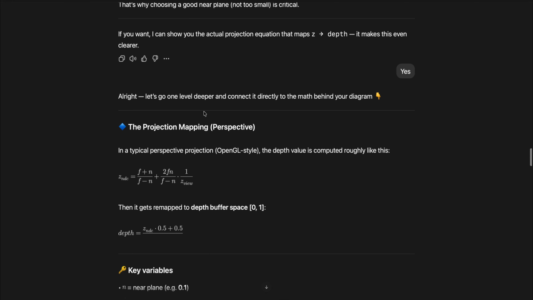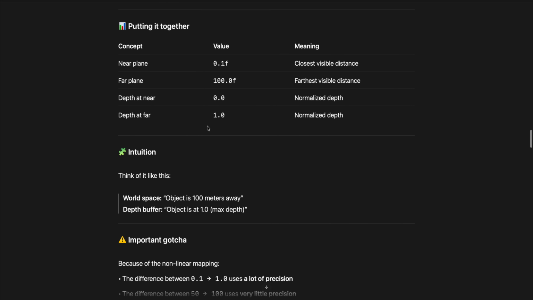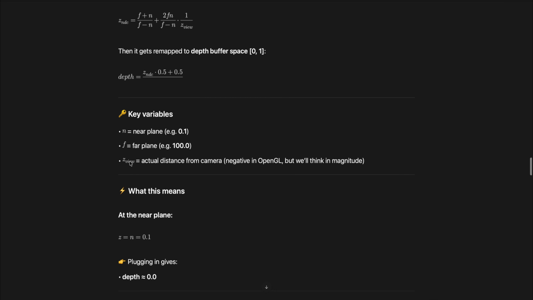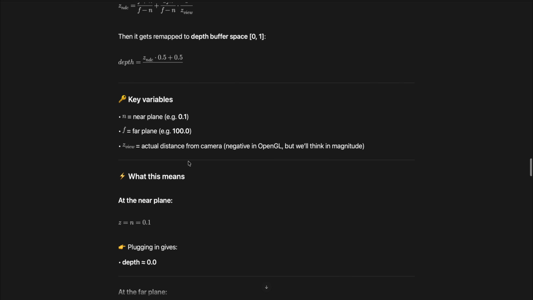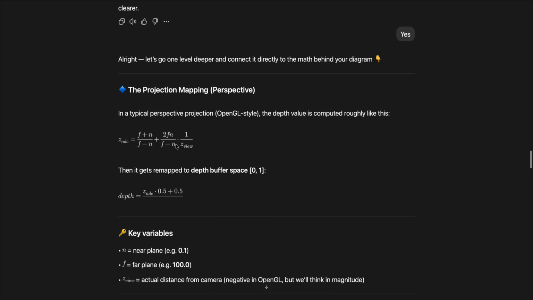You're trying to take these values and get a normalized value of 0 to 1, with 0 being the near plane and 1 being the far plane, right? So the Z view is the actual distance from the camera, negative in OpenGL, but we'll think in magnitude. We're dealing with Apple Metal, but whatever. We have this Z and NDC, the normalized depth coordinate.